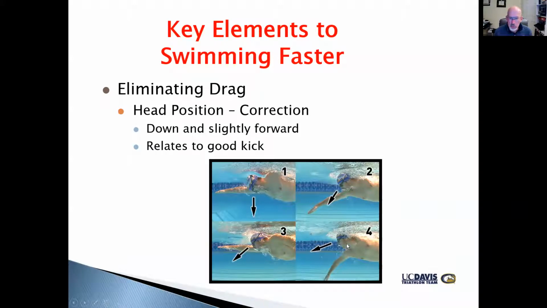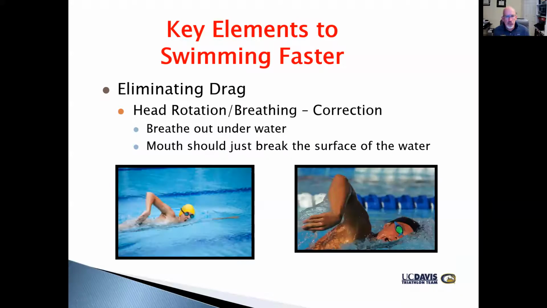Once you get into 3 and especially 4, you really start to run the risk of your torso getting driven down, your hips getting driven down, and actually reducing the effectiveness of your kick if you're a good kicker. So head positions look like this. You're looking at a downward angle of probably 10-15 degrees and maybe 10 or 15 feet out in front of you down the pool.